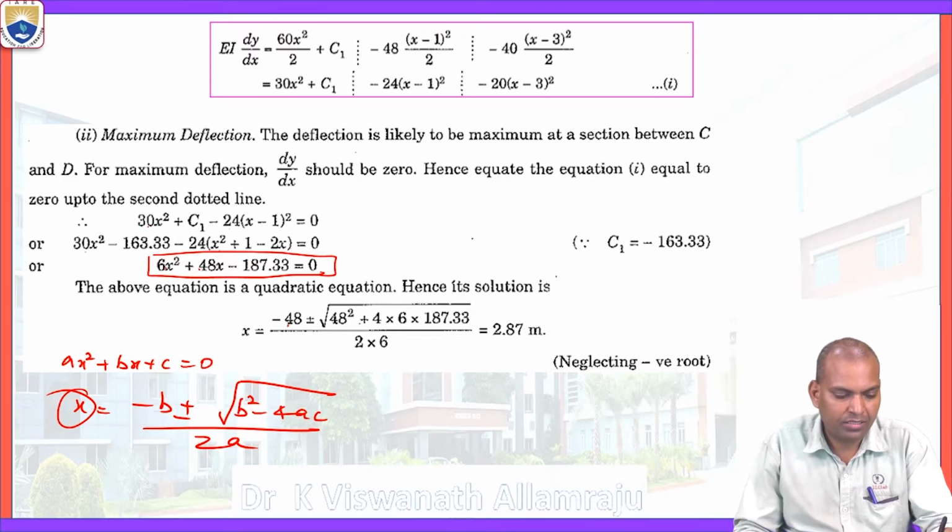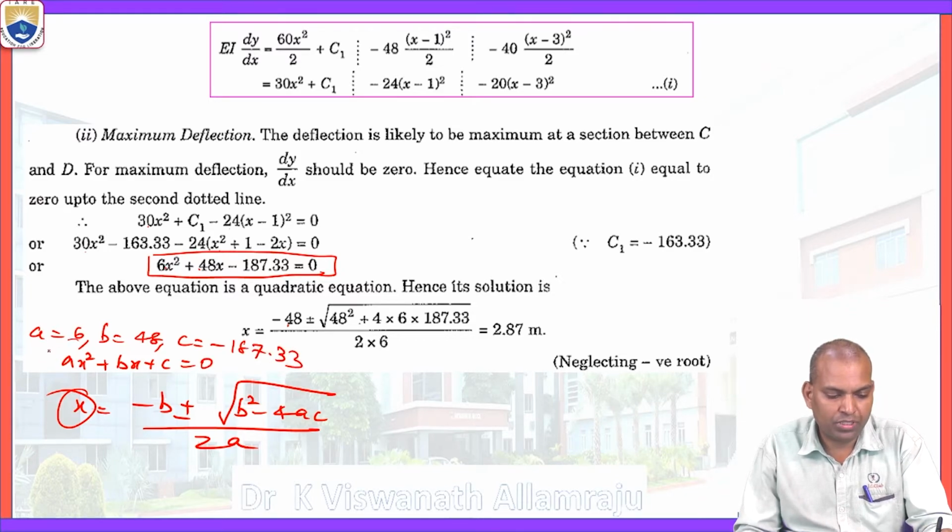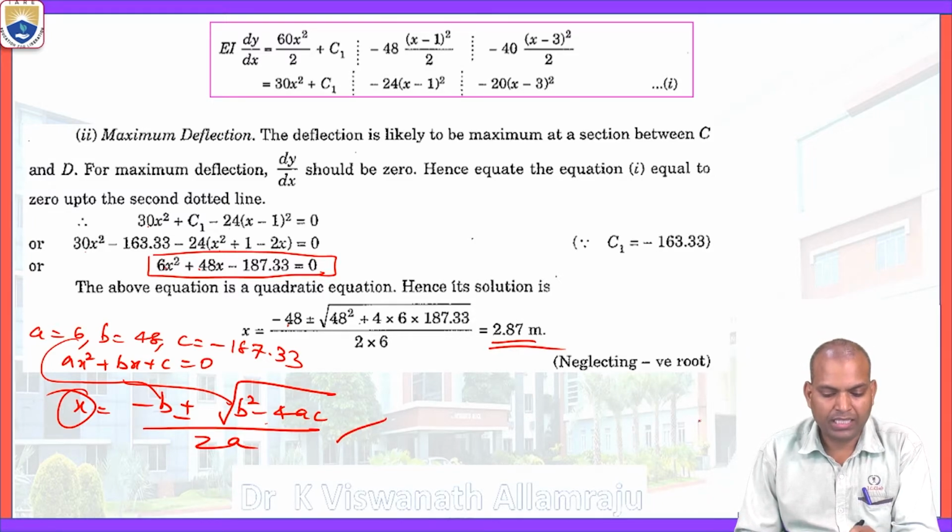What is a here? From this, a equal to 6, b equal to 48, c equal to negative 187.33. Substitute these a, b, c in this formula and we get the x value. The x value is derived as 2.87 meters.